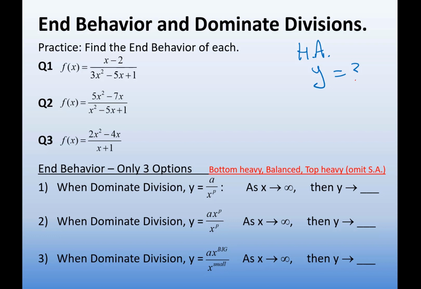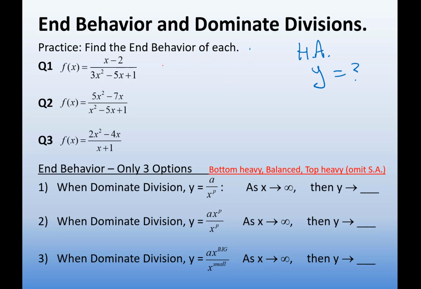The logic behind all of this is: as x goes to infinity, where is y going? In your mind, just remember that's what we're thinking. As x gets really big, what is that going to do to the math when I try to get my y answer?